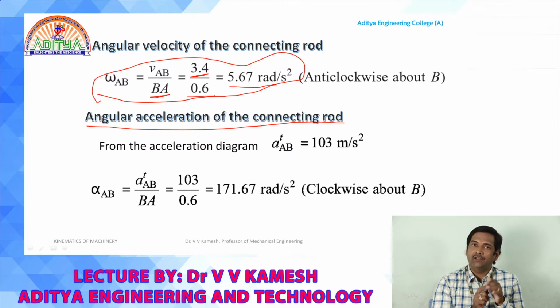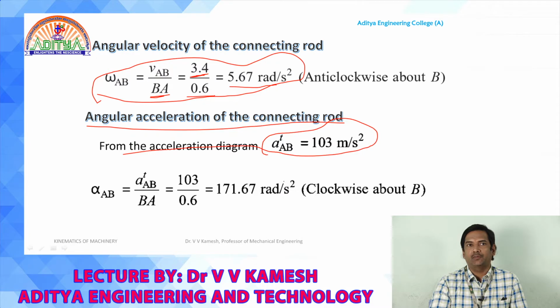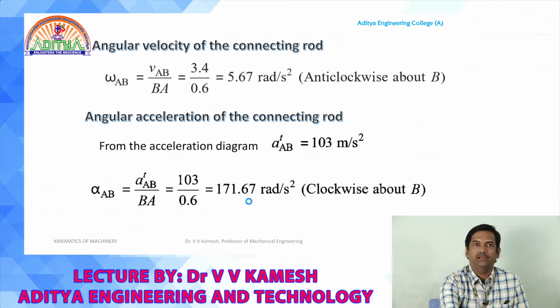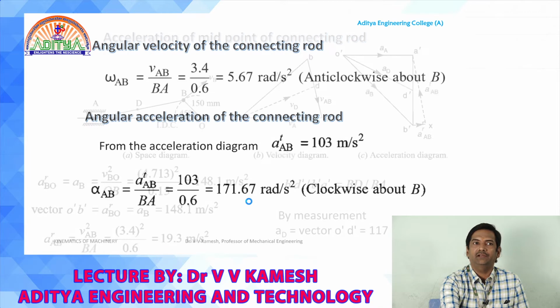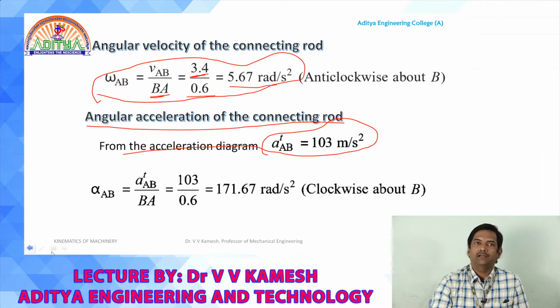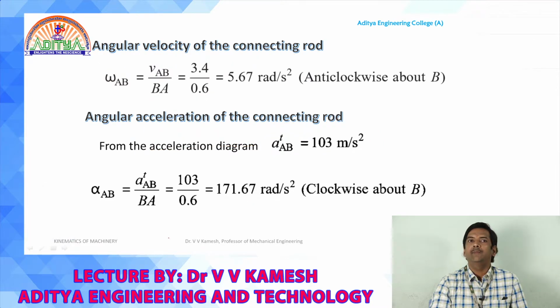Now, we need to find the angular acceleration. So, from the acceleration diagram we identify the tangential component, that is x a dash. In the earlier slide it was given as x a dash, which gives us the tangential component. By measurement of the scale it is going to be 103 meters per second square.